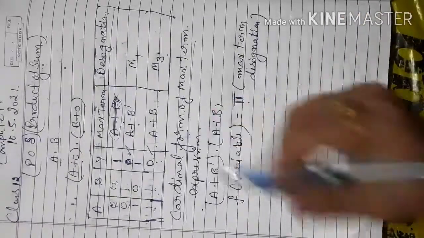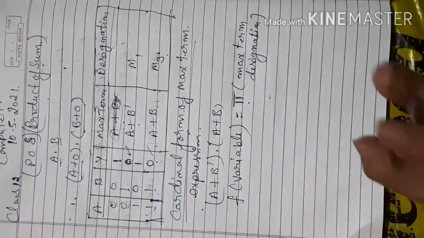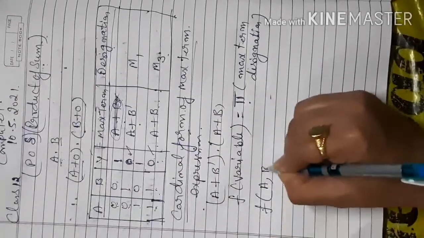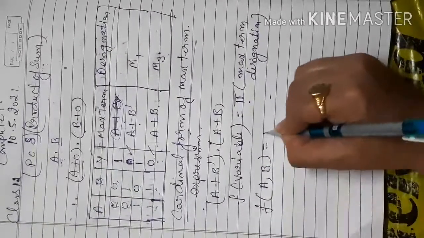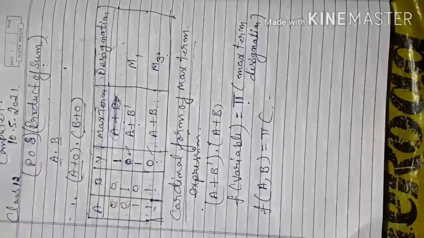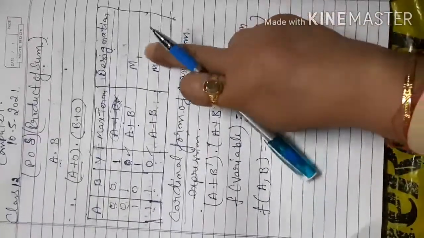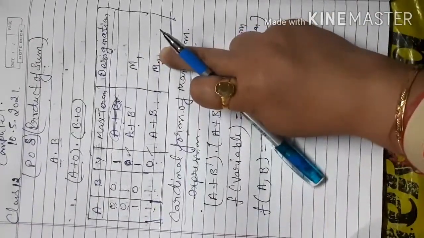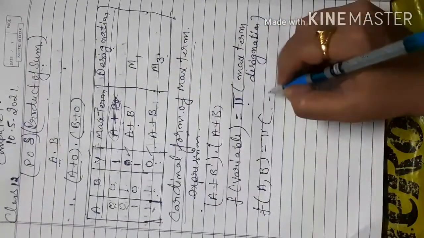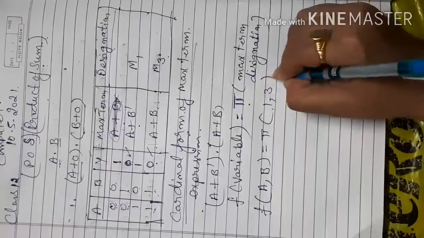So how will you write it for the above? I am using only two variables, so I write f of a, b, these are my two inputs, pi, and wherever max terms are identified, that is only 1 and 3.